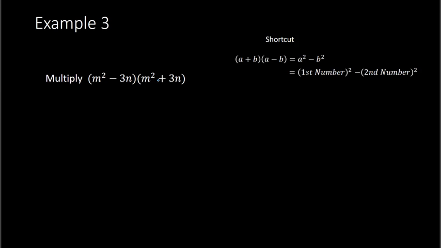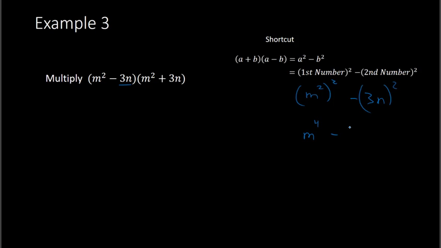So because of that, I can use this shortcut, where I take the first number, m squared, and I square it. And then I take the second number, 3n, and I square that as well. So m squared squared, like a power to a power, so I multiply 2 times 2 to get 4.